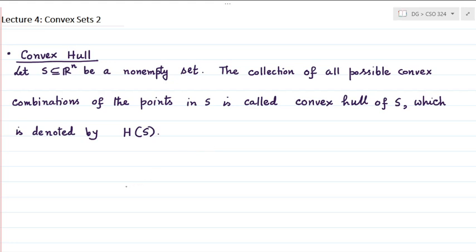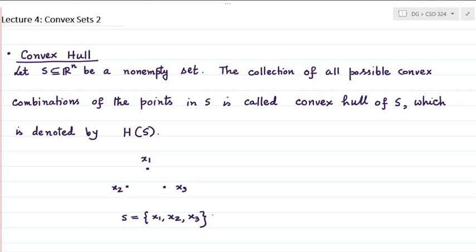Now let me consider a few examples. For instance, let me suppose in the set S, I have only these 3 points in the R2 plane, x1, x2 and x3 say. What are the possible convex combinations of the points in the set S?